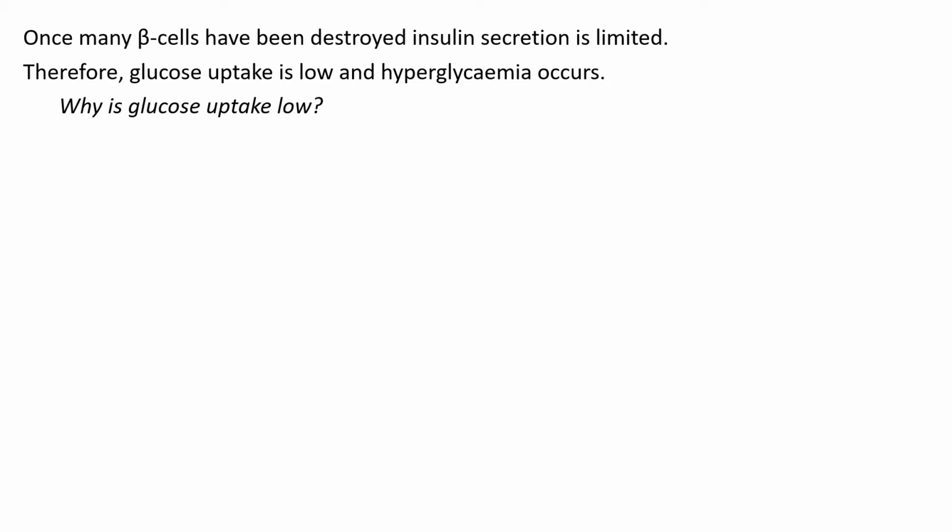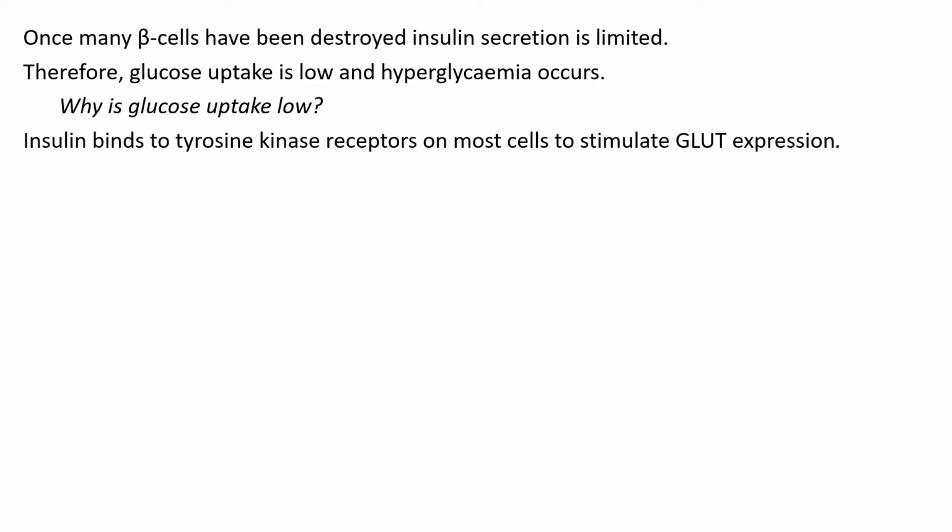So why is glucose uptake low? You should know this from physiology. If you remember, insulin binds to tyrosine kinase receptors. Remember, those are those two receptors that come together and form these dimers of tyrosine, and they then self-phosphorylate.